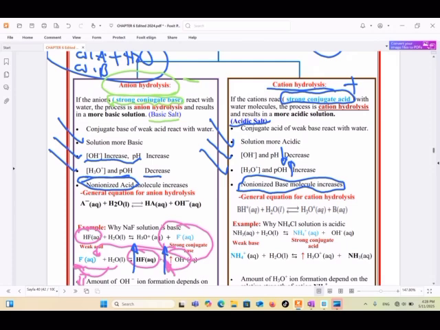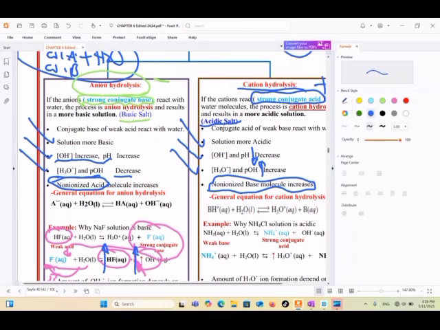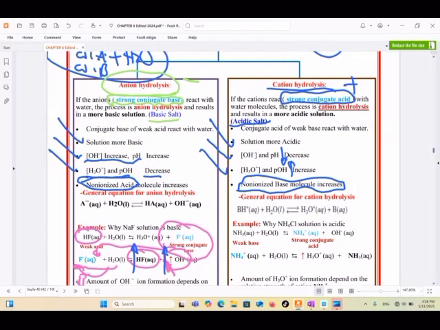The general reactions for both anion and cation hydrolysis are important. Why? Because they appear in the ministerial exam. Which of the following represents anion hydrolysis or cation hydrolysis? Anion hydrolysis is simply an anion reacting with H2O to form a weak acid molecule with an increase in hydroxide.